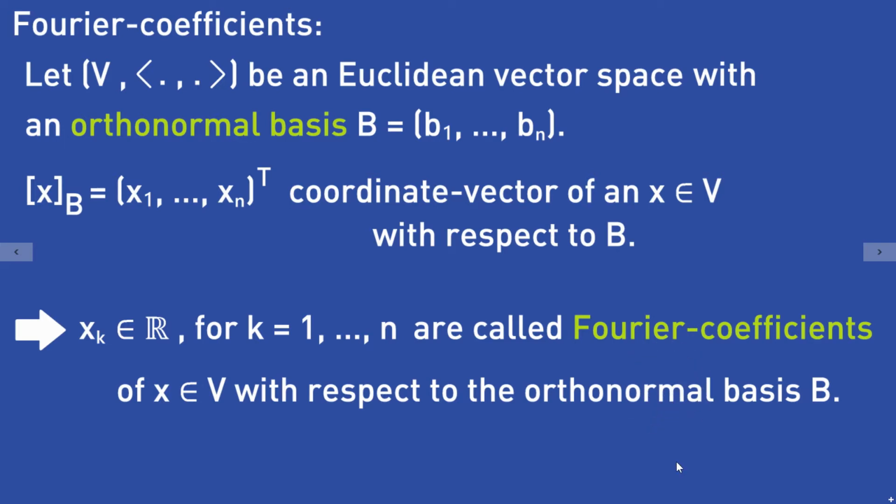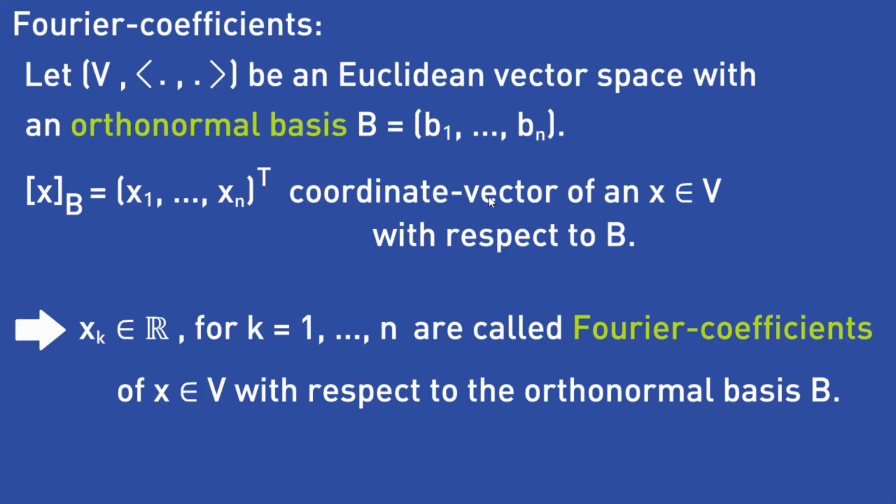If you have already watched my video about coordinates, you may know that it can be a little bit of work sometimes to find the coordinate representation of a vector x with respect to some basis. For example, it could happen that you have to solve a linear equation system.